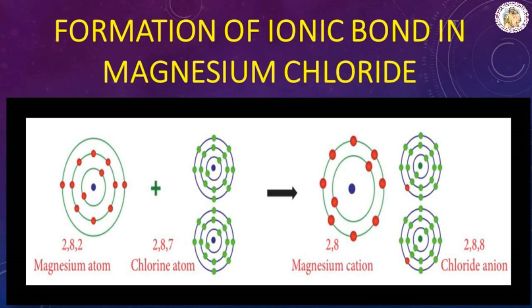MgCl2. The atomic number of magnesium is 12 and the electronic configuration is 2, 8, 2. It has two electrons in excess of the nearest stable electronic configuration of the noble gas neon.